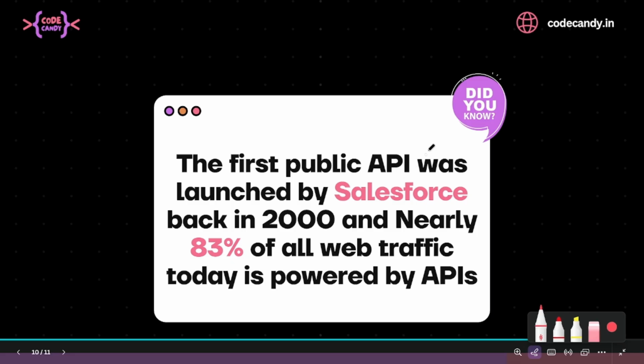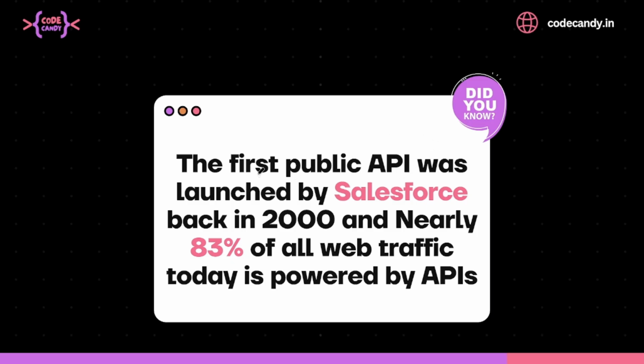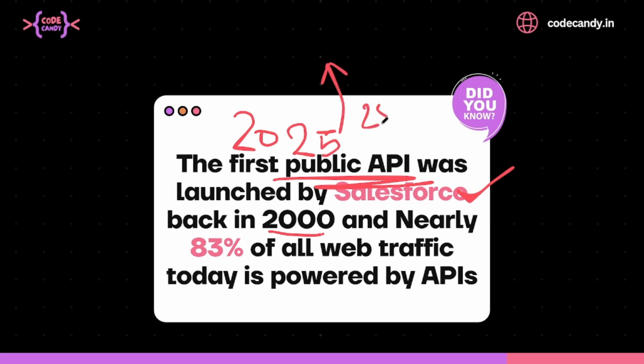Did you know the fact that the first public API was given by Salesforce? Imagine, it was given in the year 2000. Now it is 2025. Our APIs have had a long journey of 25 years, I think a silver jubilee journey.